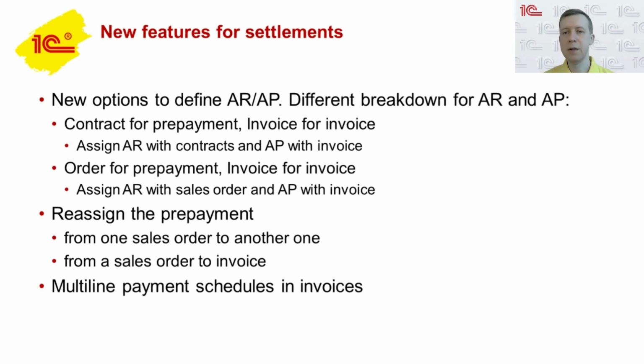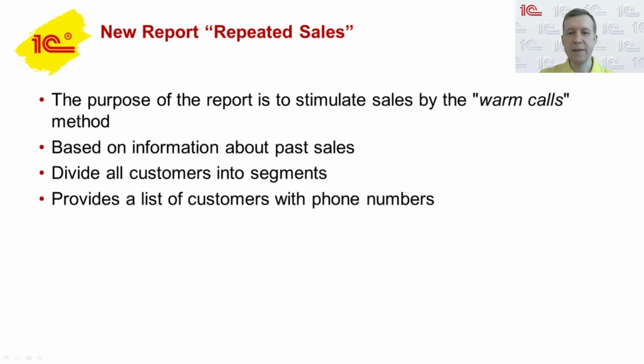In cross-currency calculation, the prepayment rate is maintained. It's also possible to set off the payment previously recorded as prepayment to the specific invoice. In the payment schedule, you can now specify several lines for prepayment and credit payments.